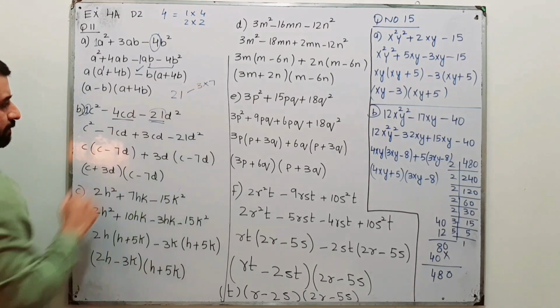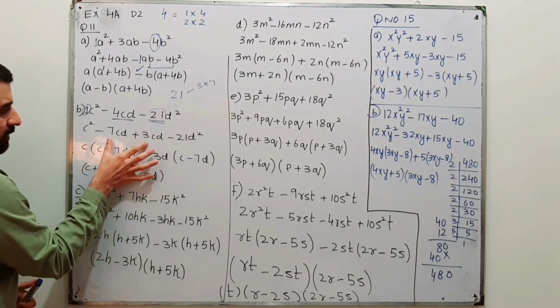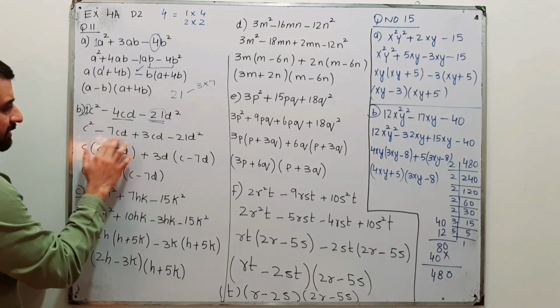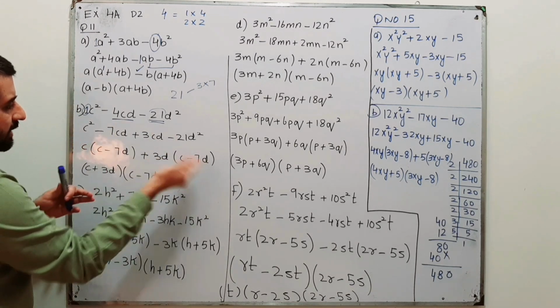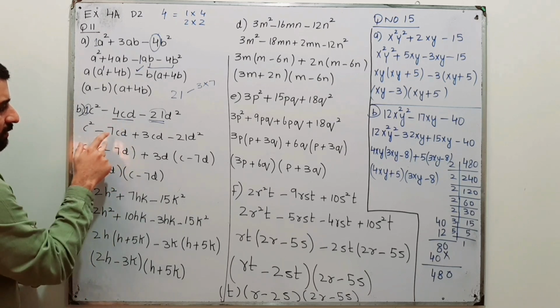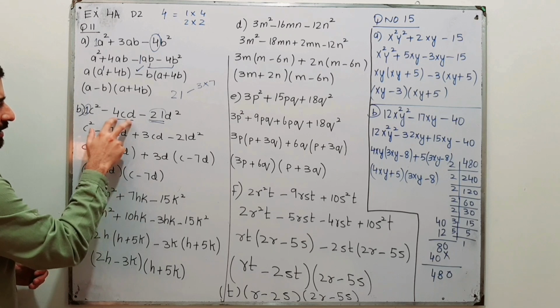So minus 7cd plus 3cd, these two terms are used over here, whose sum will give me minus 4cd. Here minus 7cd is being added with 3cd. However, the result is minus 4cd because minus is with the bigger number.